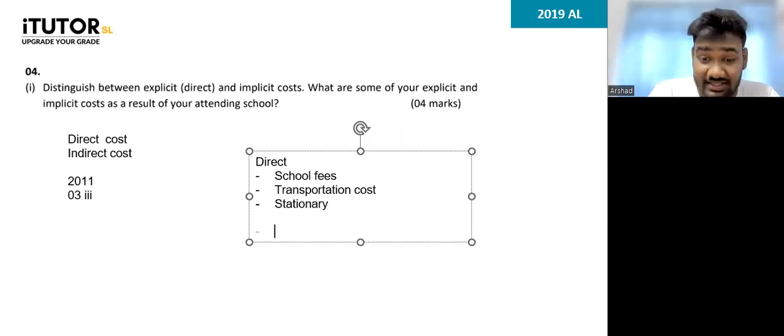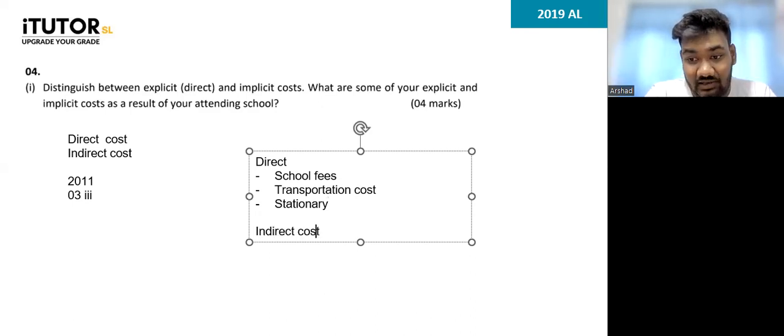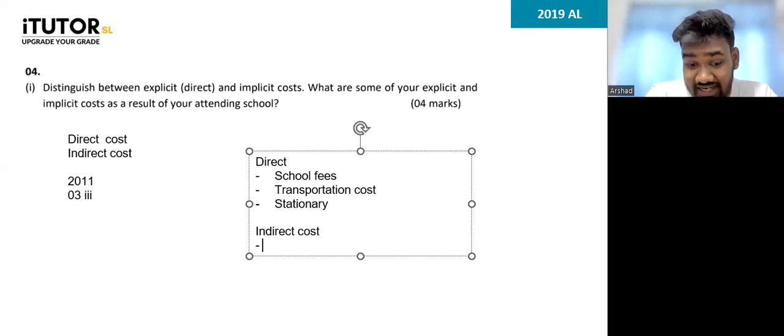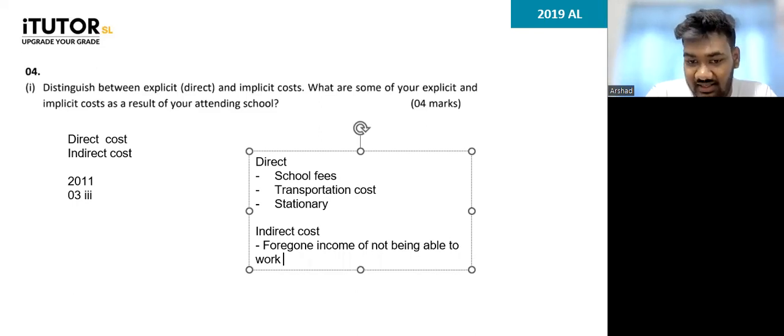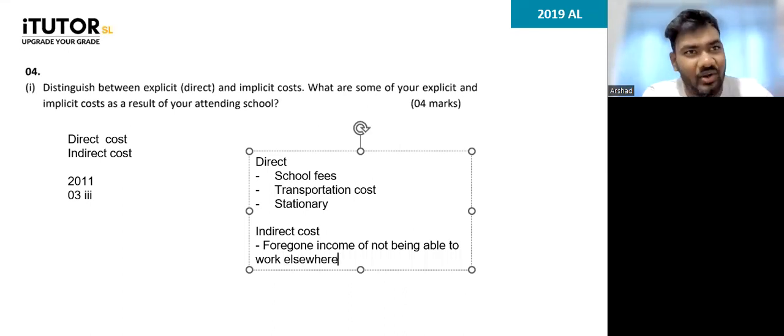What are the indirect costs, guys? You can say foregone income of not being able to work elsewhere. Because you're going to school, you can't go and do a part-time job, or anything like that.